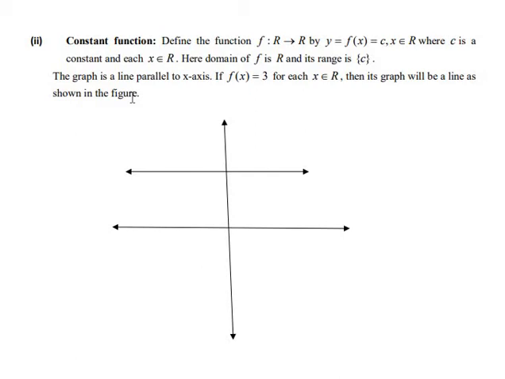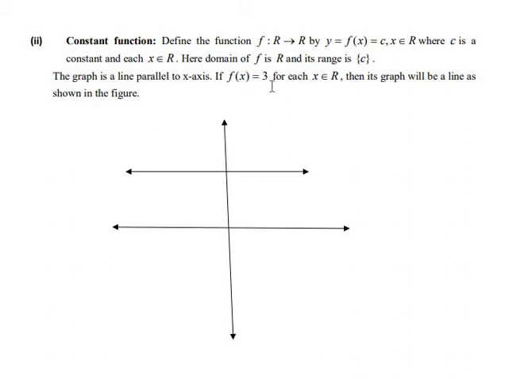Now see, for a particular case I have taken, for every real number from this set R, its image is 3. So if I take 0, then I will get 3. If I take 1, then also I will get 3. If I take minus 5, then its image is also 3. So I will get a straight line. Okay, this is a particular case.